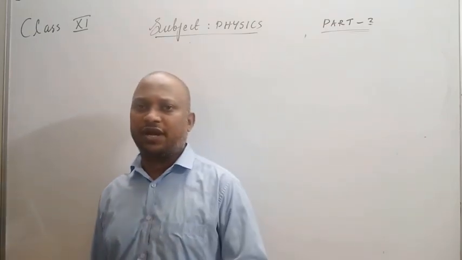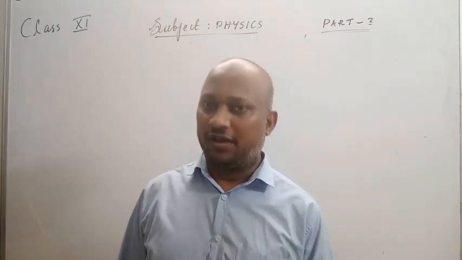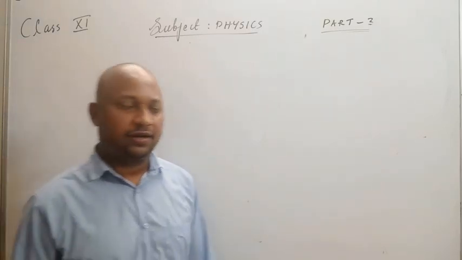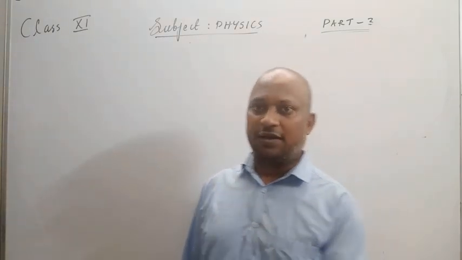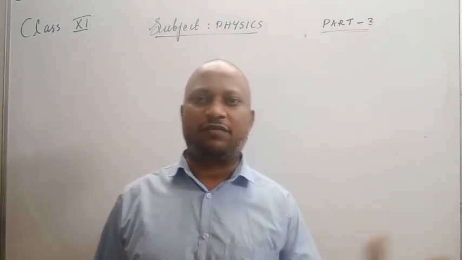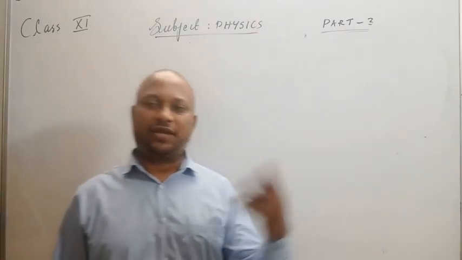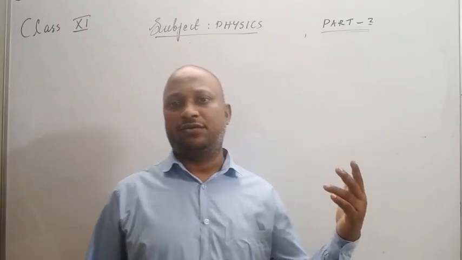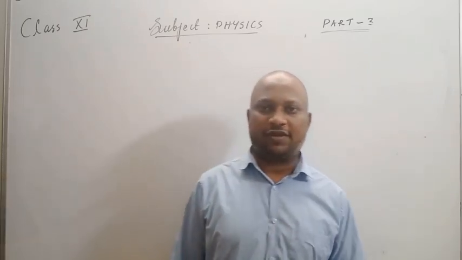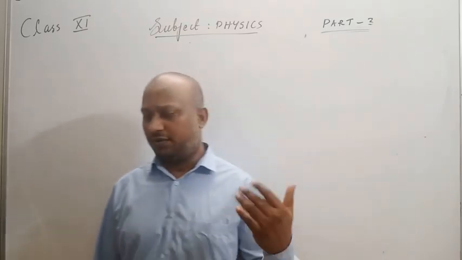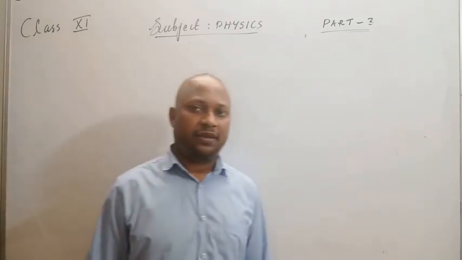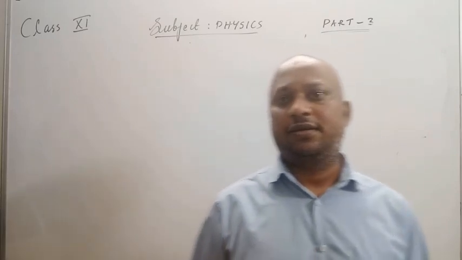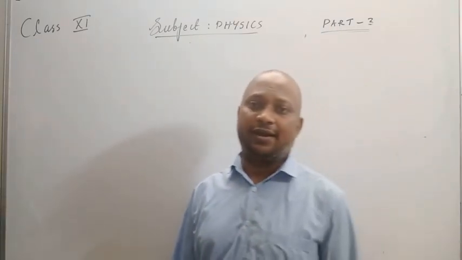Suppose a graph is given and the graph has a curve, and the equation of the curve is already given, and you have to find the area under the curve, which may give you displacement, velocity or acceleration. The value of velocity and acceleration is given by the slope, and displacement could be given by the area.